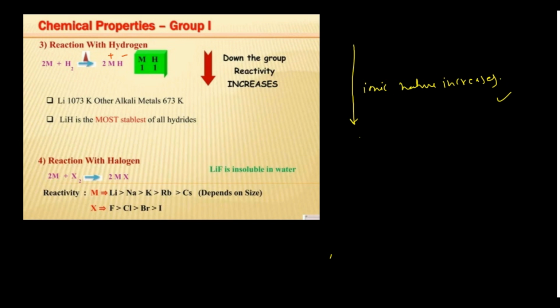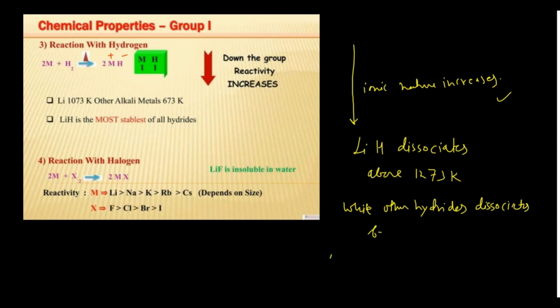So I can write here: lithium hydride dissociates above 1273 Kelvin, while other hydrides dissociate below 773 Kelvin. Okay, this I have taken from some standard book.